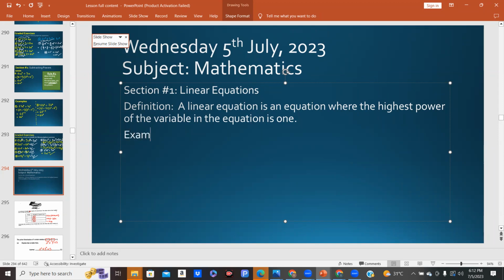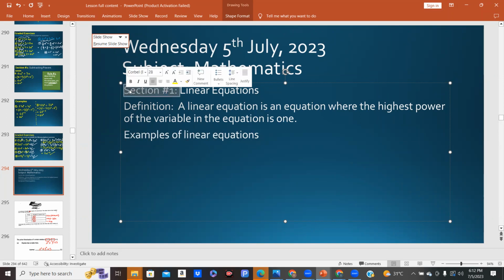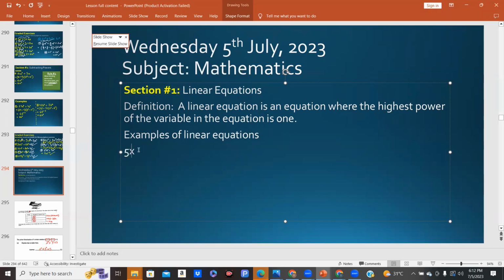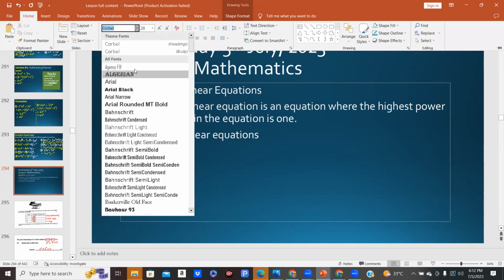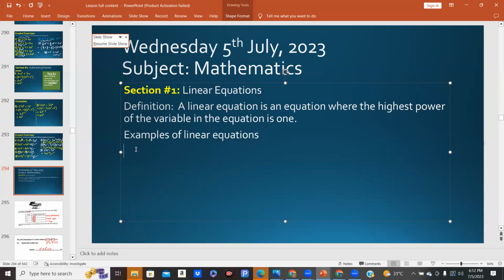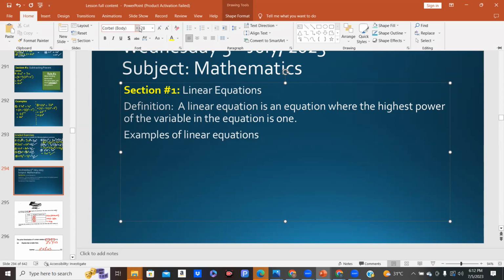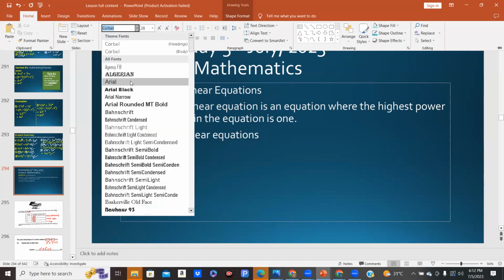So examples of linear equations are given below. So we can have, say, 5x, not 5 to the power of x. If I change this font, let's use Arial.